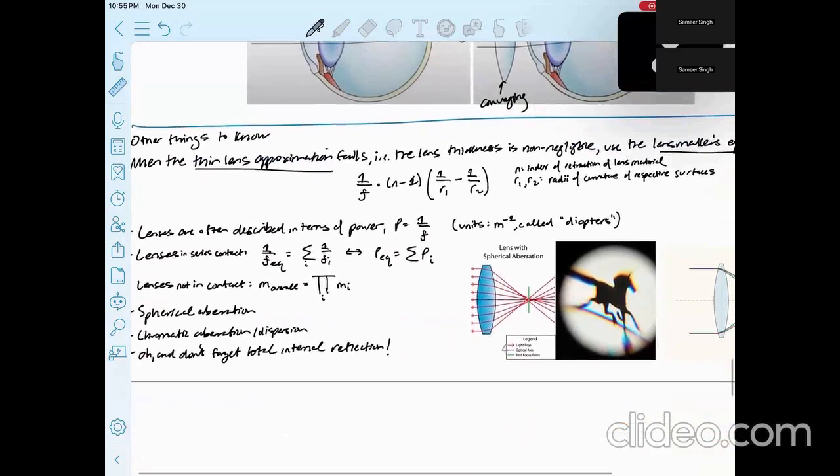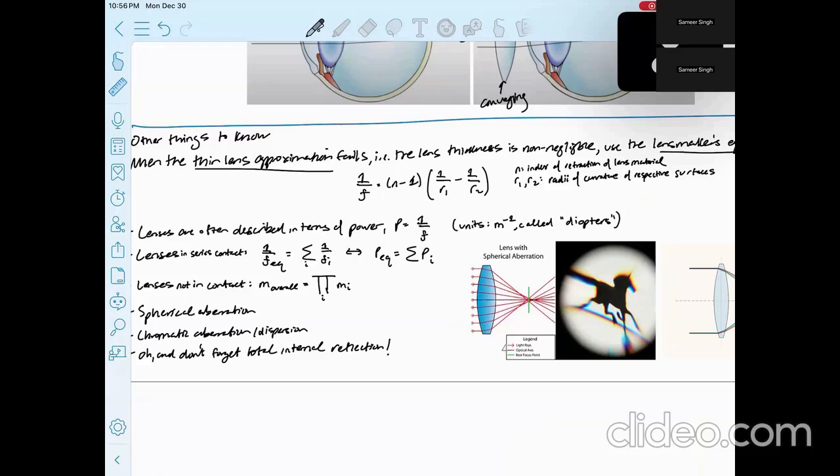Oftentimes we'll characterize a lens by its power. So that's just 1 over the focal length. The units of this, if you measure the focal length in meters, are inverse meters, which opticians like to call diopters. The power of the eye is like 60 diopters or something, for reference. If you have a bunch of thin lenses that are back to back in contact with each other, their power is going to be the sum of the individual powers.